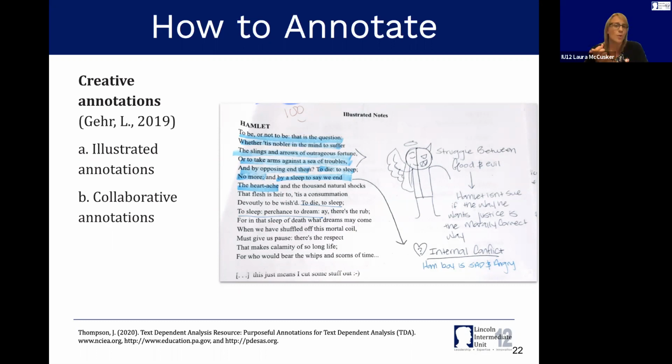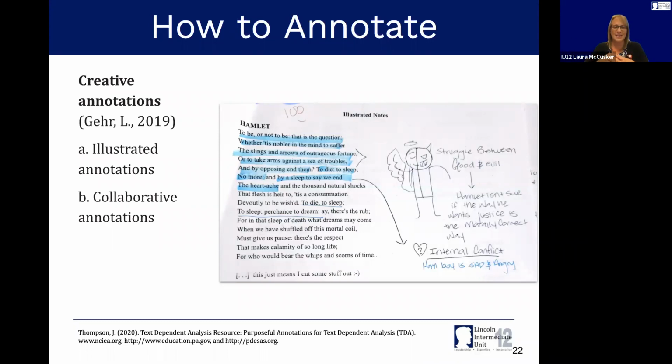One is that we're absolutely welcoming of illustrated annotations for students, with that same caveat that they need to remember then what that means. So if students are having trouble remembering from a picture, then we'll want to keep them more towards a word-based annotation. B here, for collaborative annotations, is now where students would share with one another.